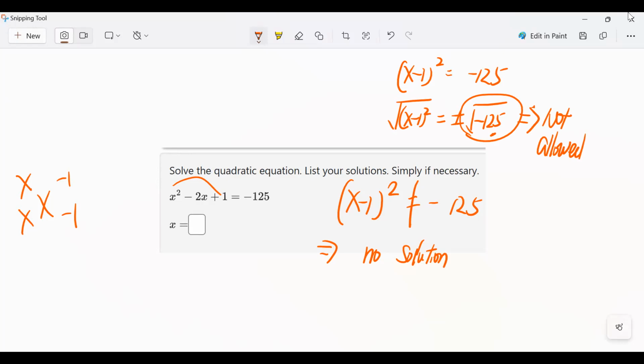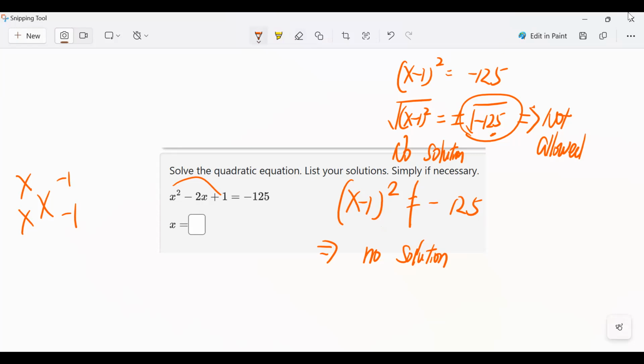That means, again, no solutions. So it's a perfect square, and a perfect square cannot be negative. It's non-negative.